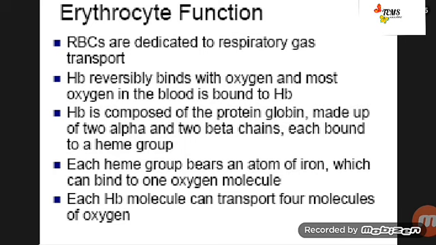Each heme group bears an atom of iron. So the iron is the heme and the globin is the protein. Each heme can bind one oxygen molecule, so each hemoglobin molecule can transport 4 molecules of oxygen.